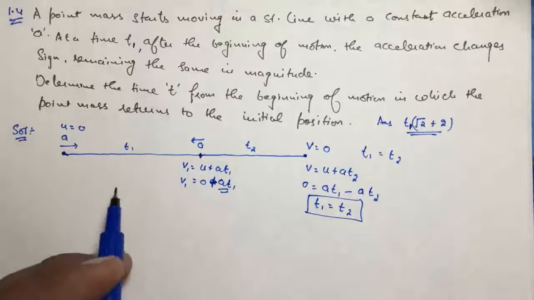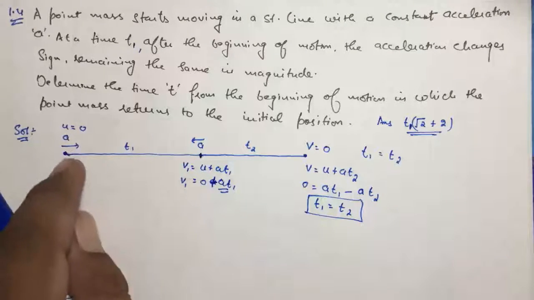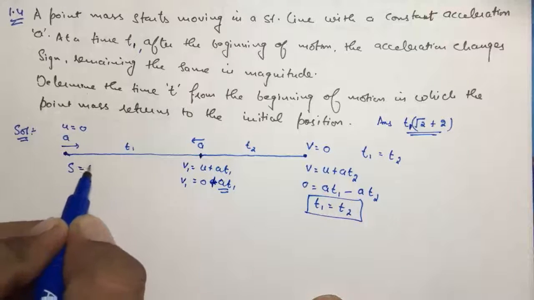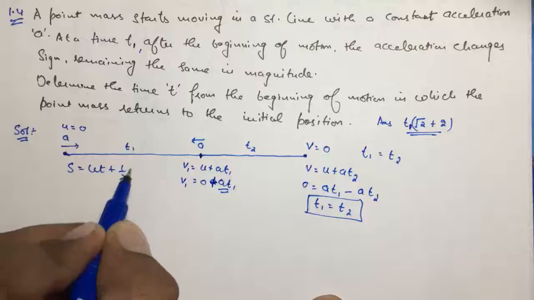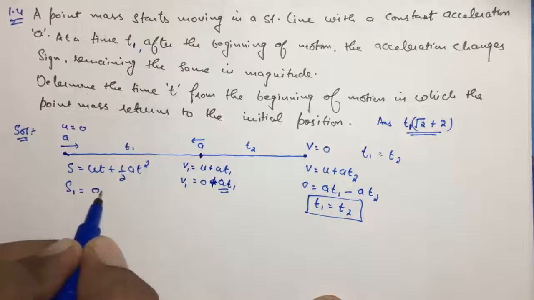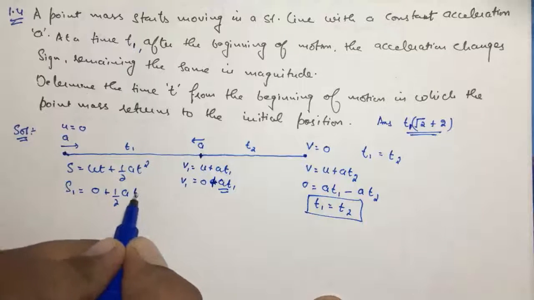So now let's find the distance traveled by this point mass in this time t1. s is equal to ut plus half a t square will be the distance traveled. So let's say s1, initial velocity 0 plus half a, t is t1, so t1 square.